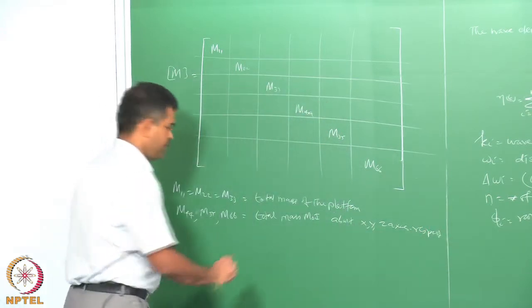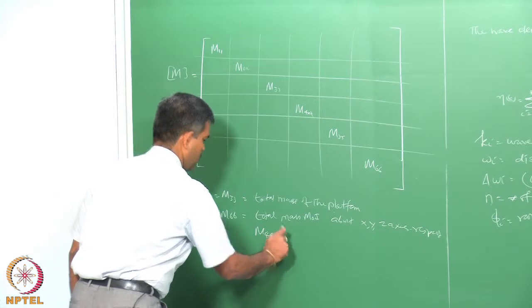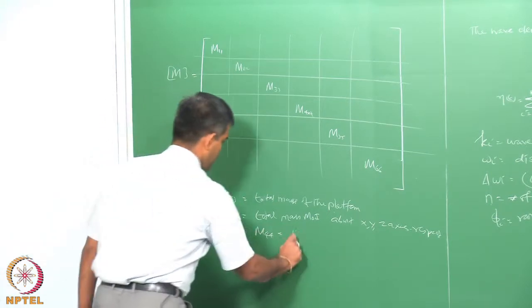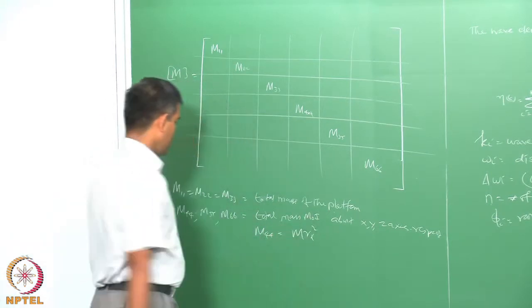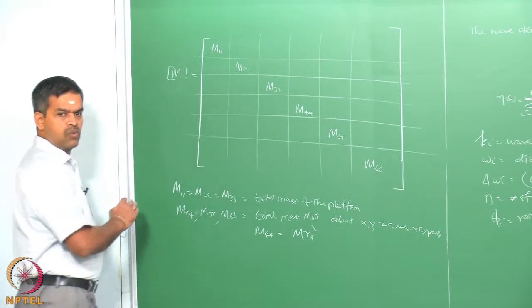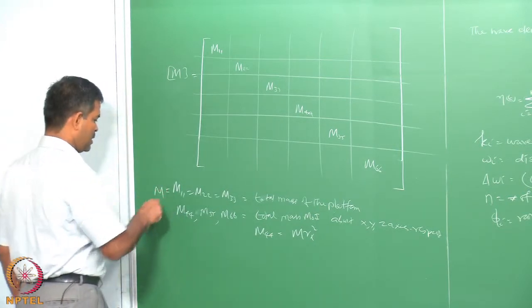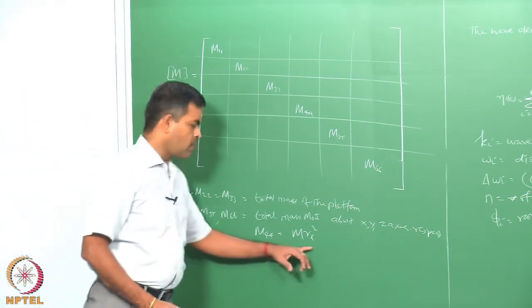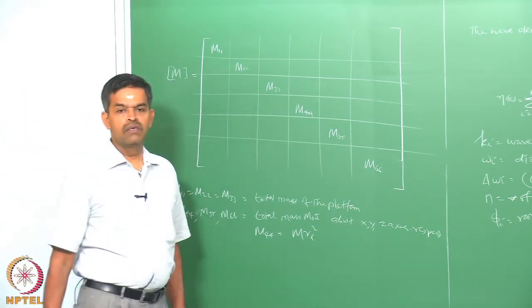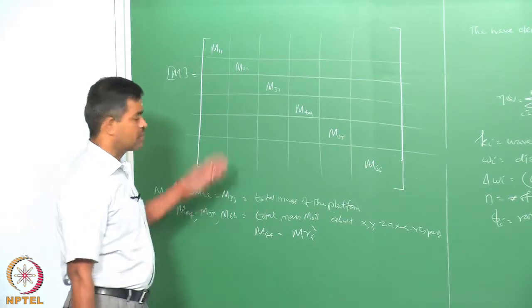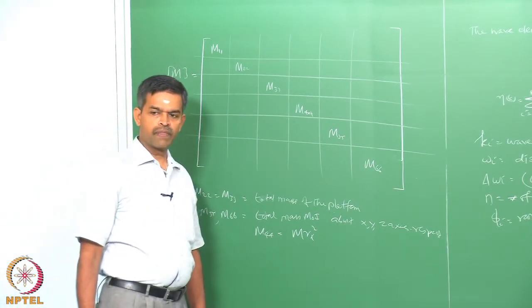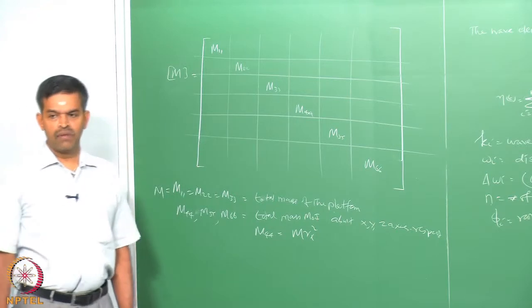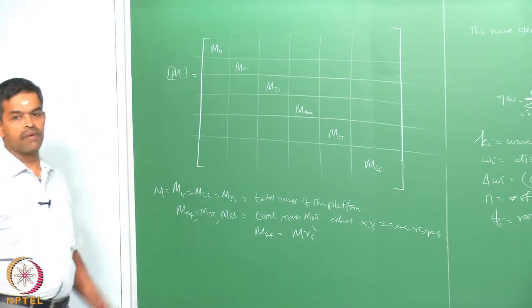On the other hand, M44 is going to be simply M r x square, whereas M11, M22 and M33 can be simply said as M. Similarly, M55 will be M r y square and M66 will be M r z square respectively. Interestingly, the added mass term will also now get included in the mass matrix.